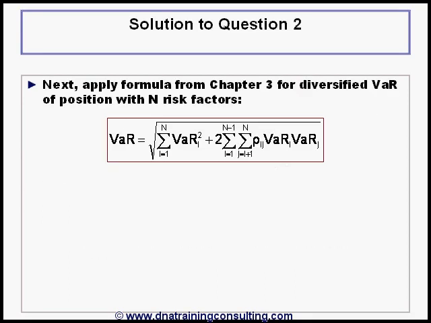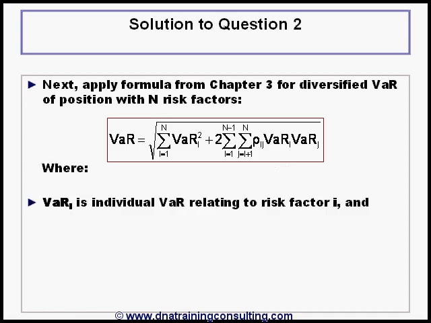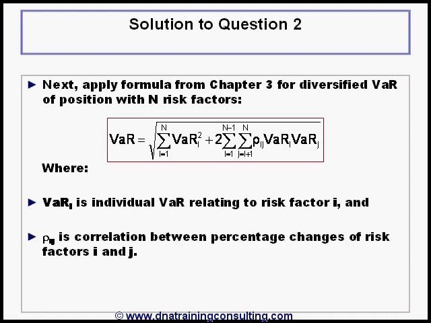Next, we apply the formula from chapter 3 for the diversified VAR of a position with n risk factors. Remember this ugly formula here, where VAR I is the individual VAR relating to risk factor I, and rho ij is the correlation between the percentage changes of risk factors I and j.